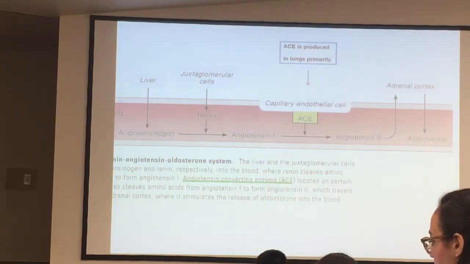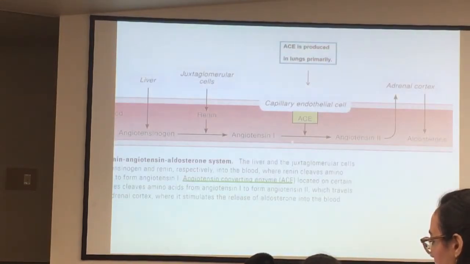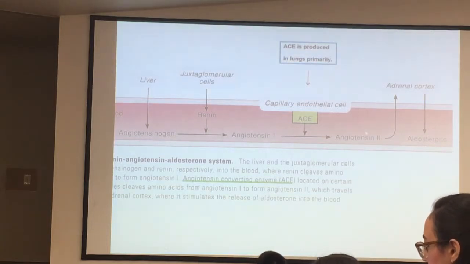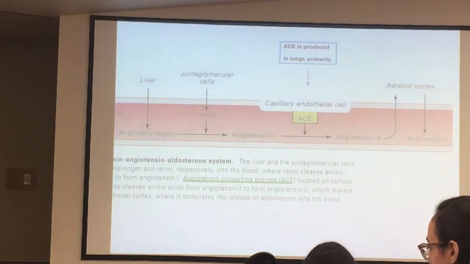And the other thing is, ACE is good for producing angiotensin 2 and aldosterone, but the side effect is that increased angiotensin 2 also brings up blood volume and increases blood pressure. And we don't like increased blood pressure, right? So the other way to treat hypertension is to inhibit ACE, inhibit angiotensin 2.